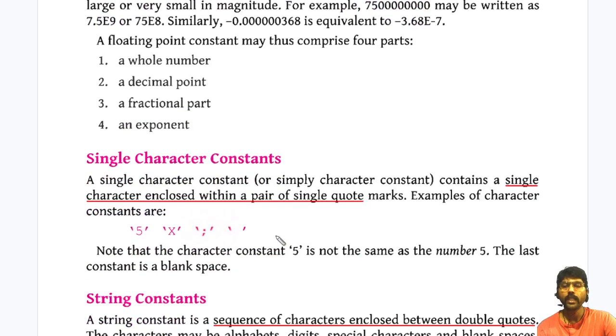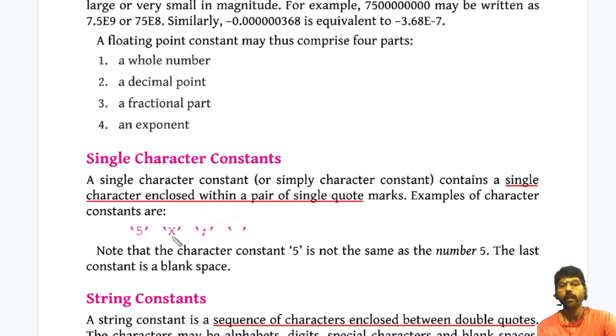Now the next constant is called single character constant. A single character is enclosed within a pair of single quotes. For example, X, with a single quote on both sides, is called a single character constant.